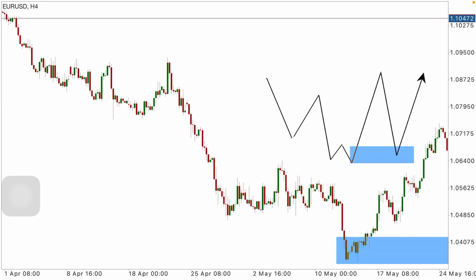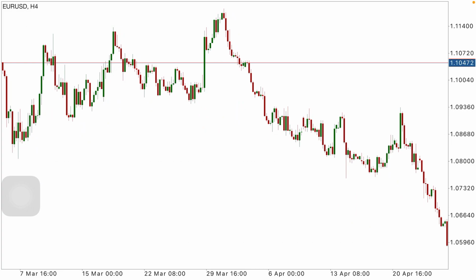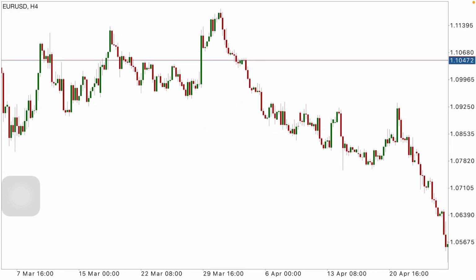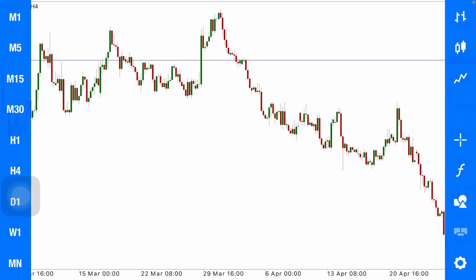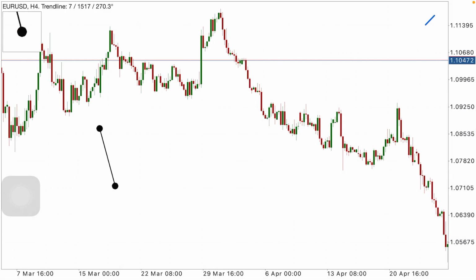Now let me draw the supply zone, or a bearish order block, for you. So you can actually see it. We have something like this.